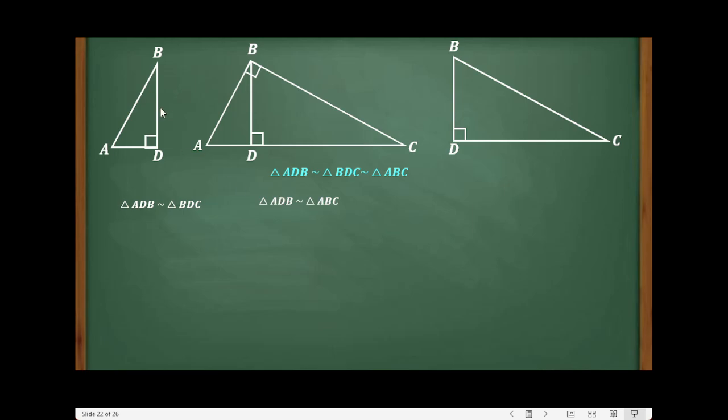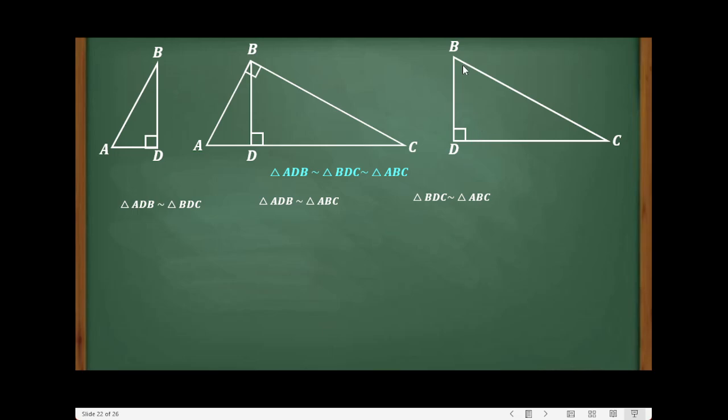And B of this triangle corresponds to C of this original right triangle, because both of them are vertices of their respective smaller acute angle. Now, there is another pair of right triangles that we have yet to mention, and that is triangle BDC and triangle ABC, which are also similar to one another.